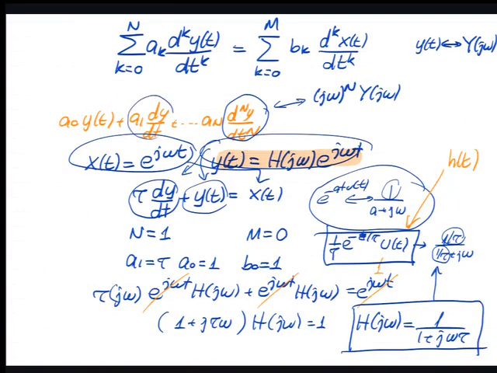What about this? This is simply a1 times j omega, right? So everything on the left, if I take the Fourier transforms of both sides and use the linearity property of Fourier transforms, I can take out the factors, right? And then each kth term has j omega to the power k multiplied by ak, and it has a factor of Y of j omega, right?